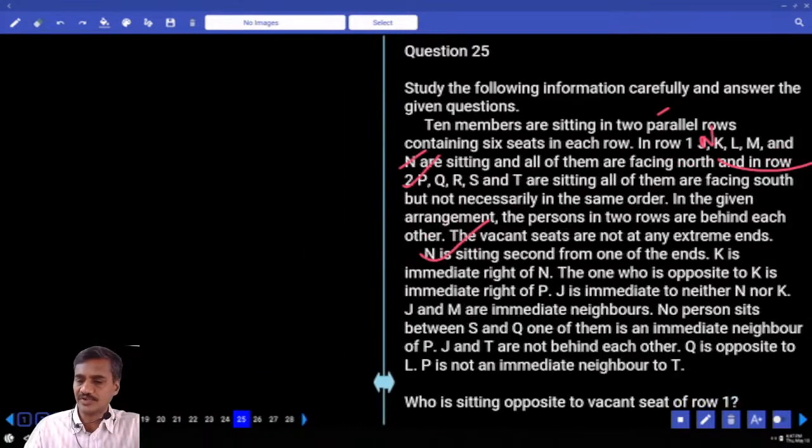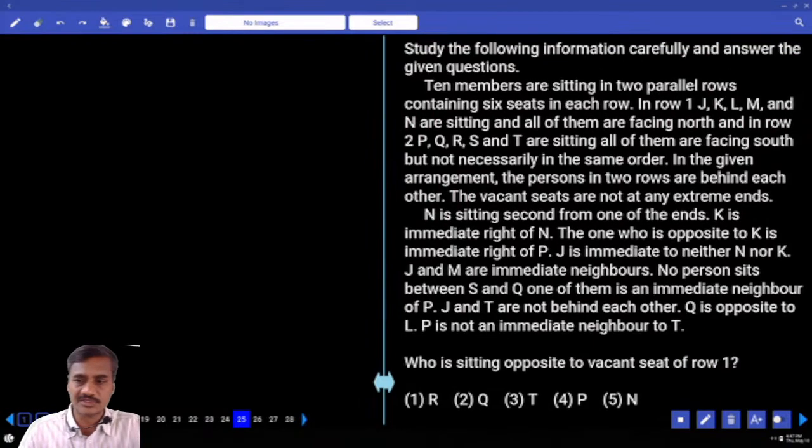The next one, 25 onwards: there are 10 members seated in 2 parallel rows, each containing 6 seats. There are 6 seats in each row, but only 5 persons were seated in each row. Altogether 12 seats, only 10 persons seated and 2 of the seats are vacant. Vacant seats are given, and under which priority is this?